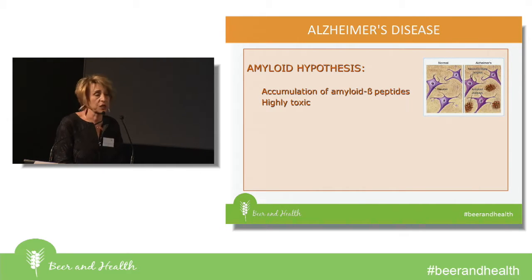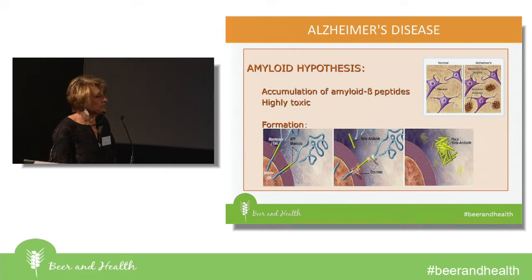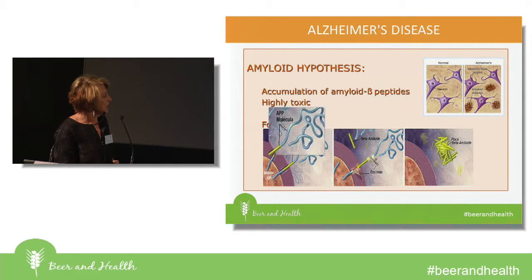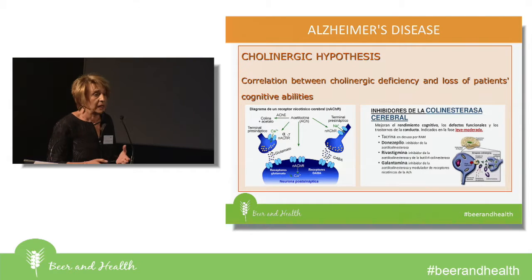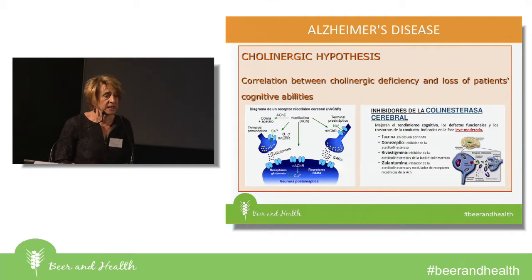This hypothesis defends the theory of an accumulation of amyloid peptides that are formed through specific precursor proteins. It's called amyloid precursor proteins and the formation of the amyloids.